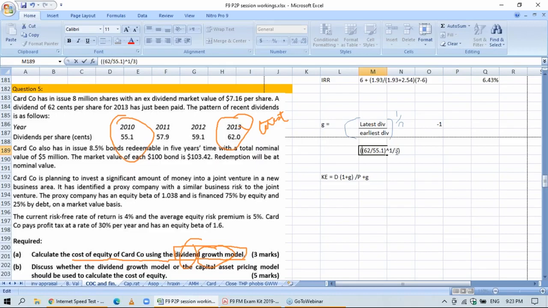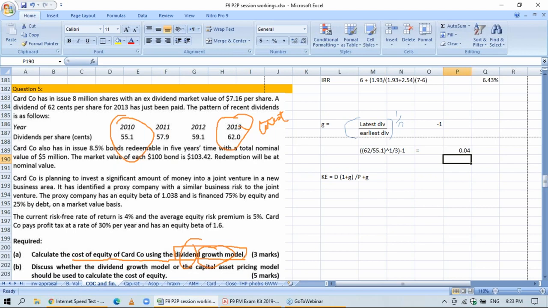Dividend has changed in 3 years time from 55.1 to 62, and so this gives you the growth rate. Multiply this by 100 in order to arrive at the growth rate, which is 4% or 0.04.